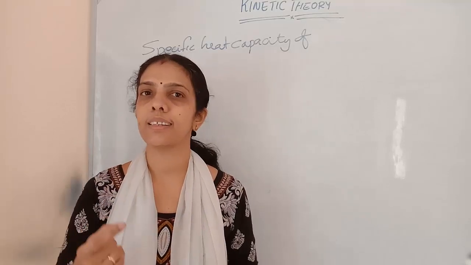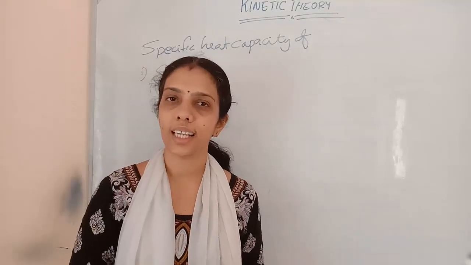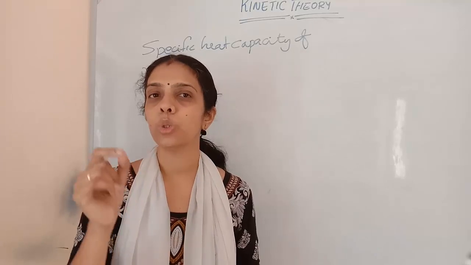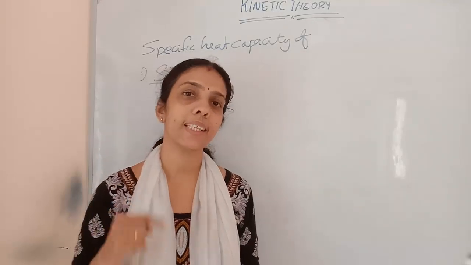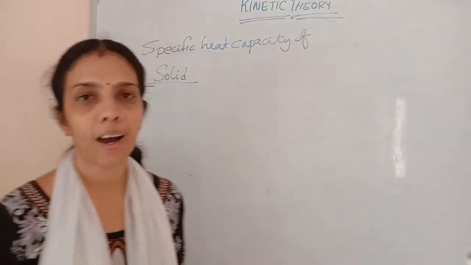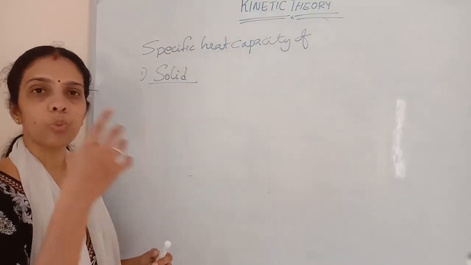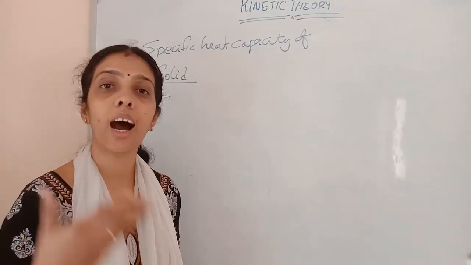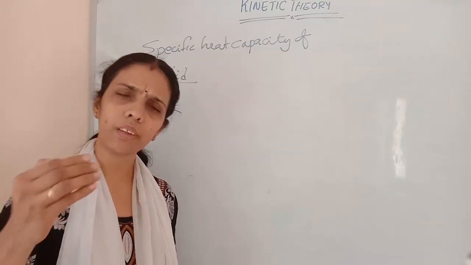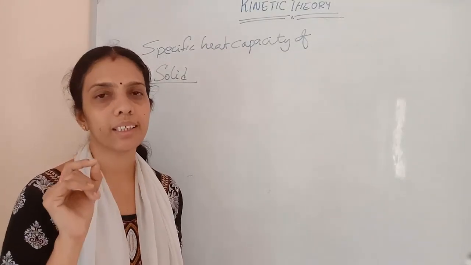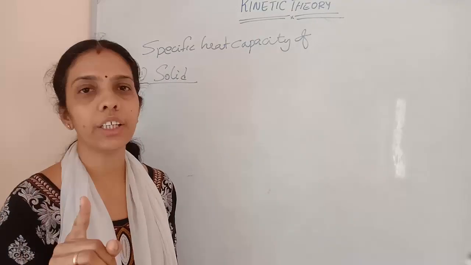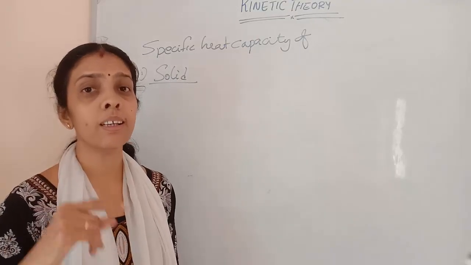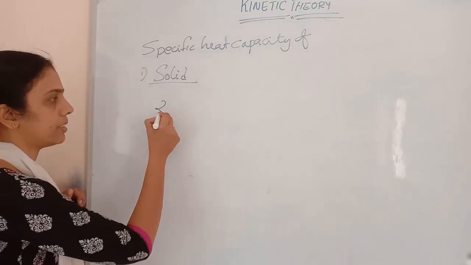So we will consider the total energy as 2 into half kBT. Rest everything we will consider as half kBT only. Each mode will be having energy half kBT. But only in the case of vibrational degree of freedom, we will consider 2 into half kBT.